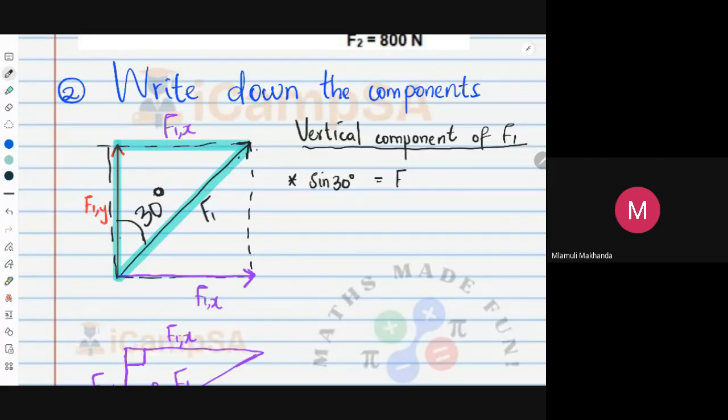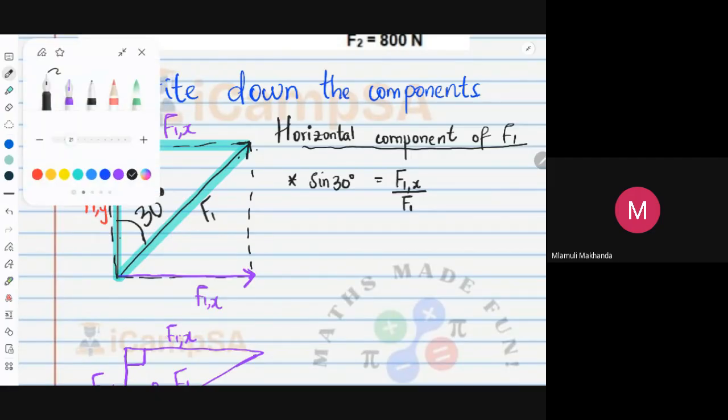We said vertical. I should have said horizontal, it's fine, because I want to start with x. Remember, horizontal is x, vertical is y. Even in maths, that's how it is, okay? So those are basics that you have to know. So we'll have F1, opposite side over hypotenuse. Hypotenuse is F1. So there's F1x over F1.